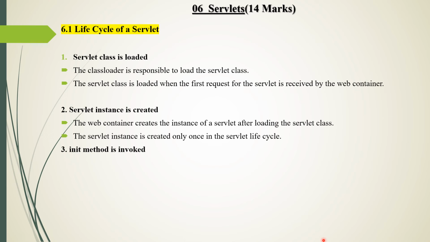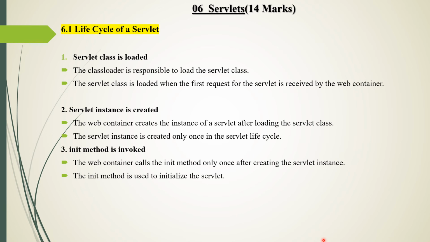Next step, the init method is invoked. The web container calls the init method only once after creating the servlet instance. First the servlet class is loaded, then the servlet instance is created, and then the init method is invoked. The init method is used to initialize the servlet.